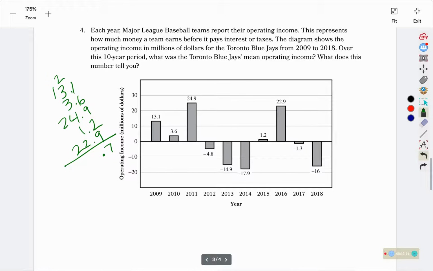2 plus 3 is 5. Plus 3 is 8. Plus 4 is 12. Plus 1 is 13. Plus 2 is 14.